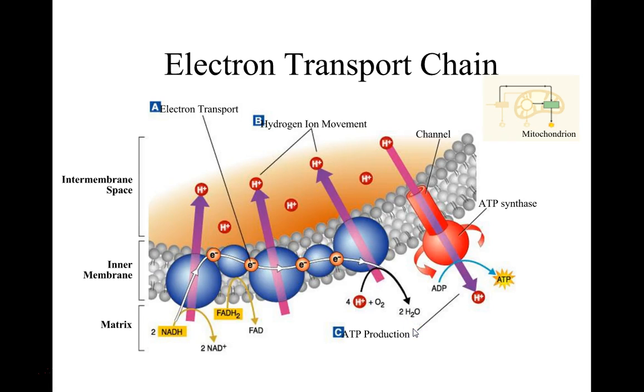So when we get all of this information carried by the NADH and the FADH2, it's going to arrive at the inner membrane of the mitochondria. So we can see the inner membranes right here, and the inner membrane is going to process and utilize the NADH and the FADH2.